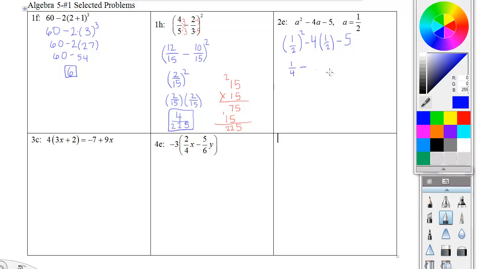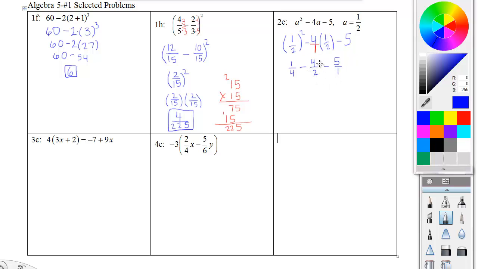Then for the next fraction, remember that you can just rewrite any whole number. If you need it to be a fraction, you can just put it over 1. So 4 over 1 times 1 over 2 is 4 times 1 over 1 times 2, minus 5. Since the other two are fractions, I'm going to go ahead and write this one as a fraction.